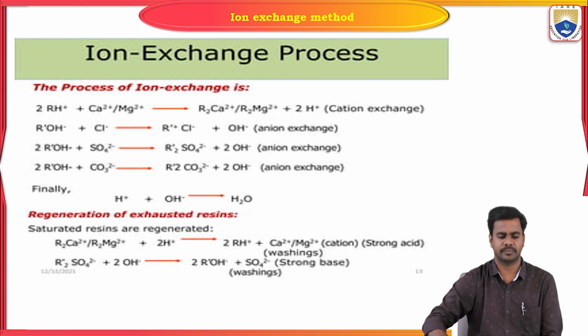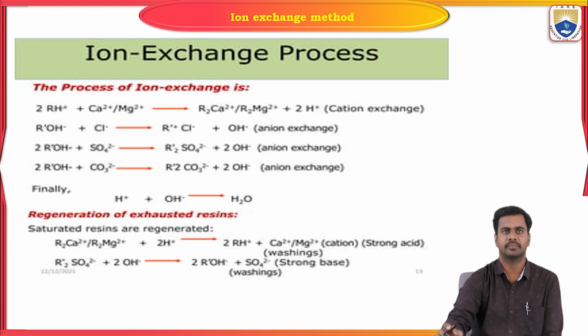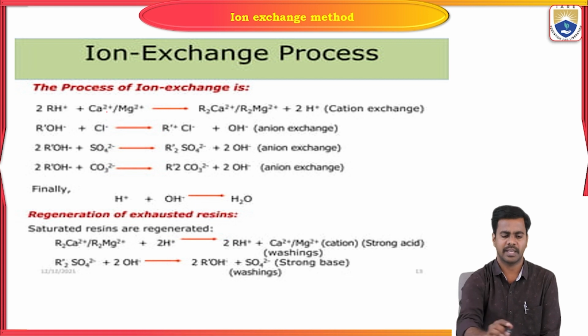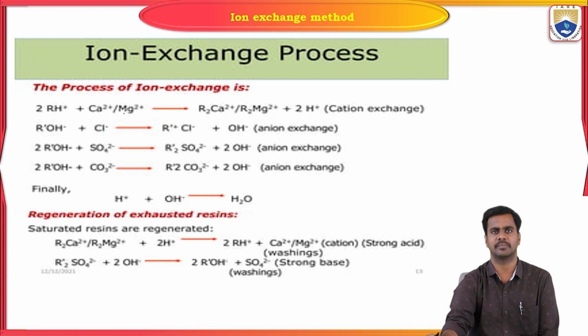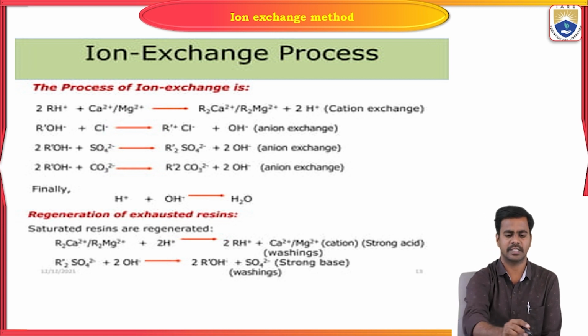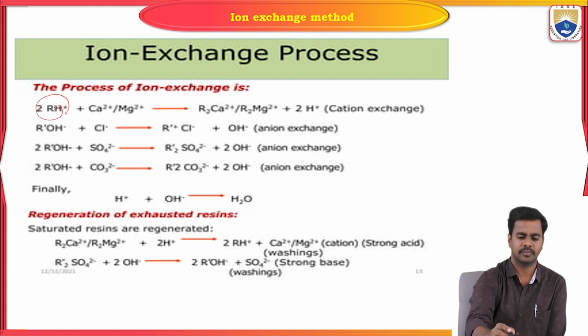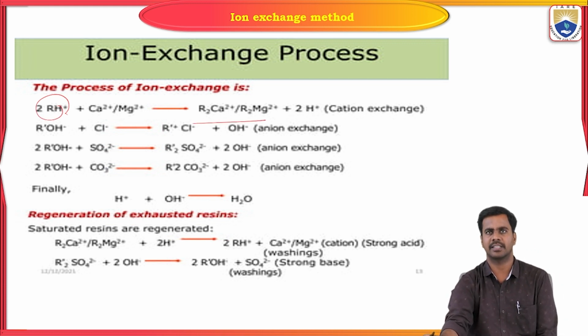So look at here. When you are passing hot water into the cationic resin, whatever cations, that is calcium and magnesium, present in the hot water are replaced by the hydrogen present in the resin. So it forms resin cations.